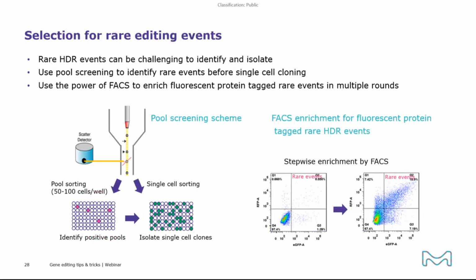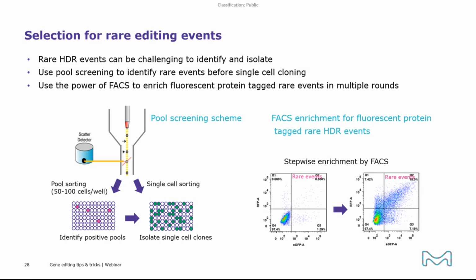In some applications, HDR editing events can be rare, maybe because the edit site is too far away from the cut site, or the cells have low HR activities. To isolate such rare HDR events, we recommend conducting pool screening first to identify a positive pool before attempting single-cell cloning, and each pool can range from 50 to 100 cells.